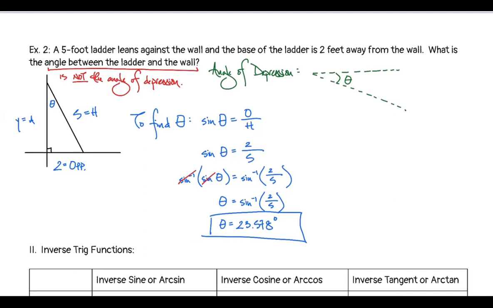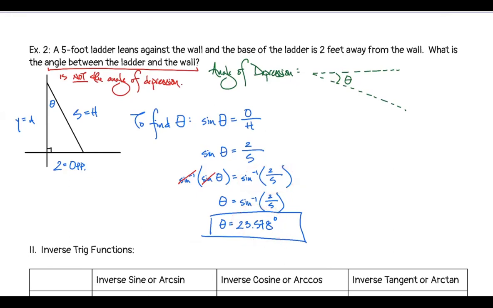As far as the setup goes, you can use the same setup. The idea that's a little bit different is just how do you get rid of the trig function, right? And you get rid of it by looking for the inverse of it. That's where we get the inverse on the other side, and then we just have to use our calculator to find that value.